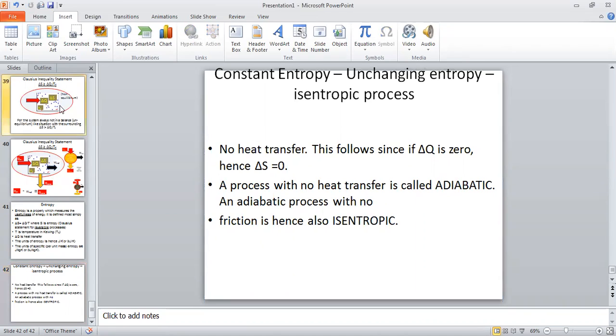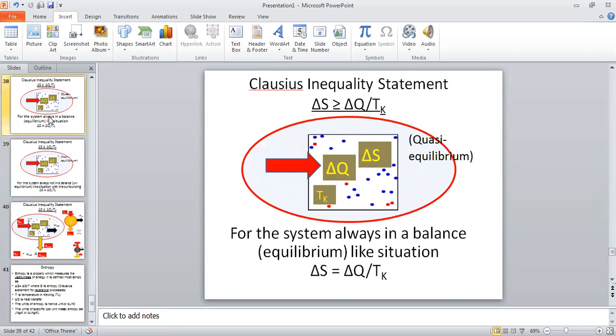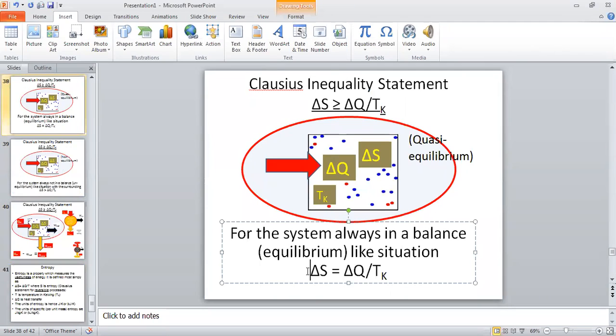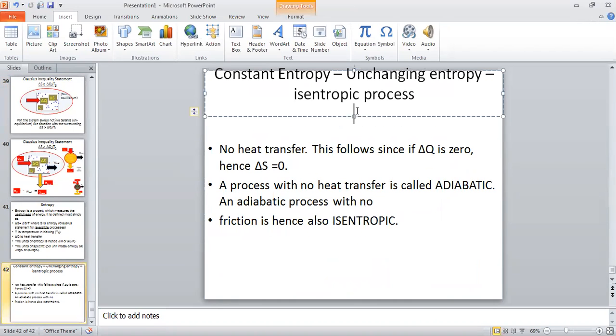Let me look into the definition here. For isentropic processes, you can say this is equilibrium, or reversible processes.